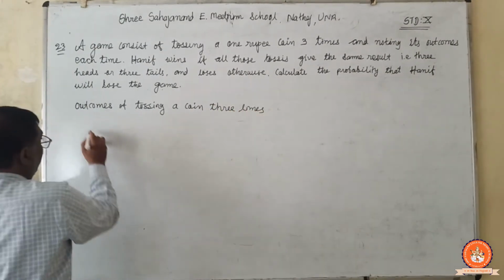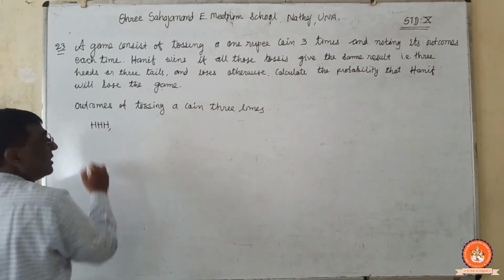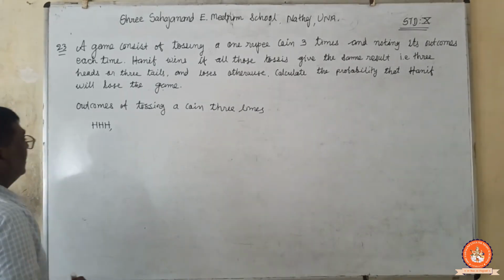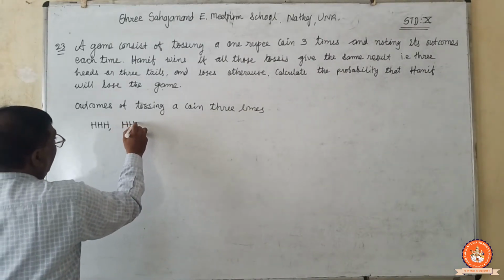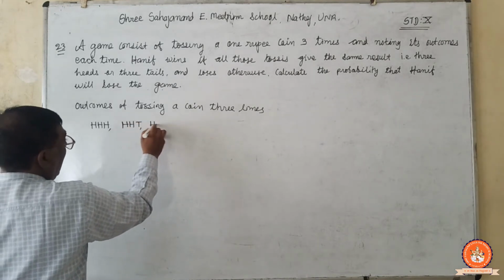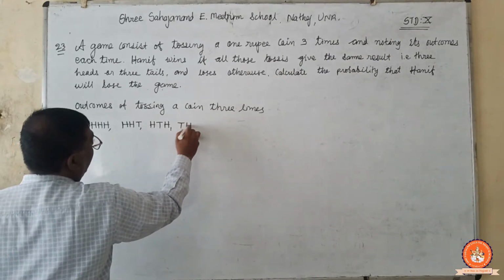So it can be head on the first coin, head on the second time, head on the third time. Okay, so there can be head, head, tail. There can be head, tail and head. There can be tail, head and head.